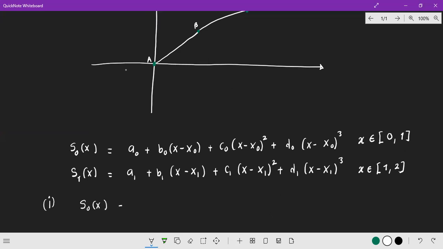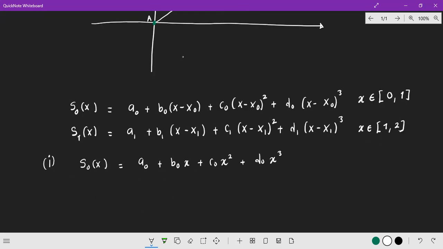Remember that our X naught is equal to 0, so S naught will just be A0 plus B0 X plus C0 X squared plus D0 X cubed.